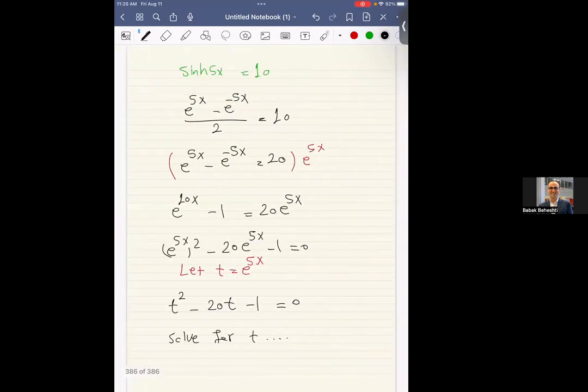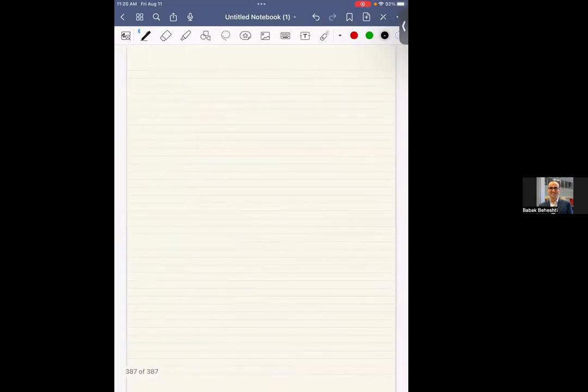Okay, so let me continue our discussion of trigonometry that we had yesterday, because this is super important, the unit circle. Let me draw this again.